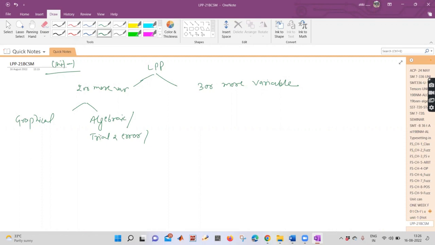In the graphical method, it helps us to find the optimal solution using the feasible region.